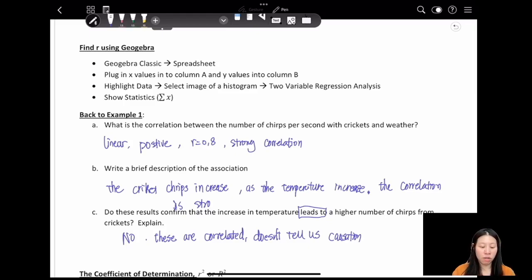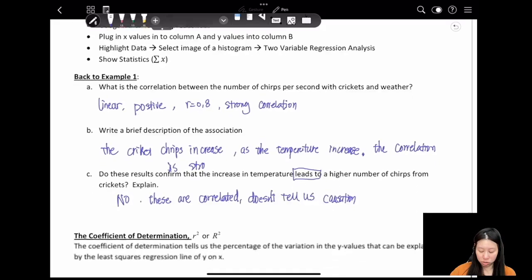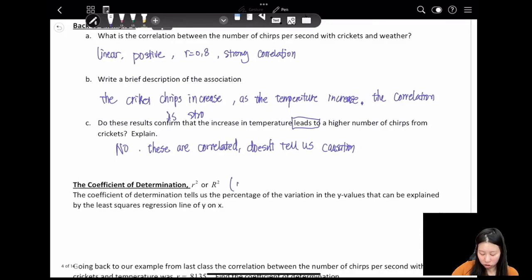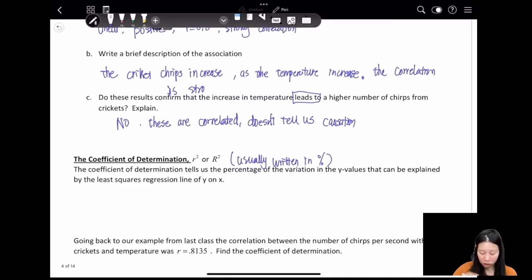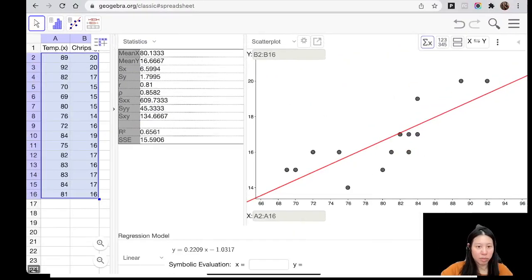So the coefficient of determination, which is R squared. Usually you need to return it in the form of a percentage. So for example, our R, let's take a look. R is equal to what? 0.81.